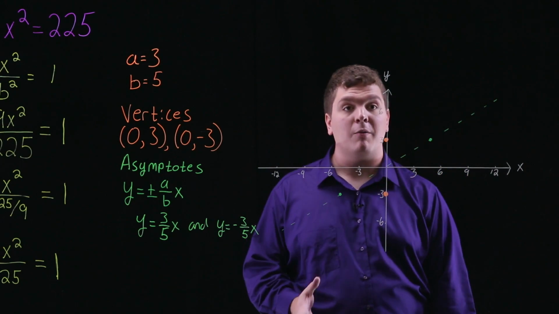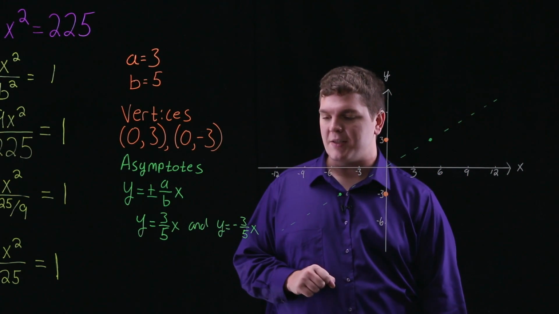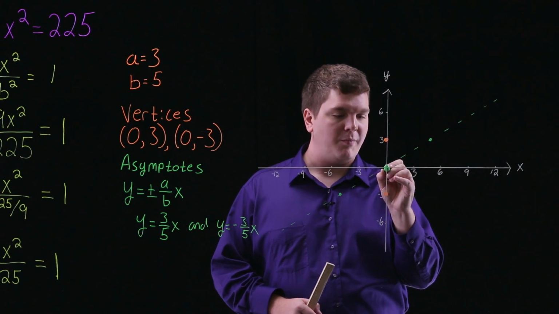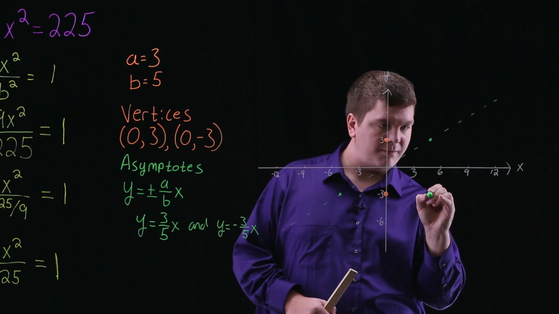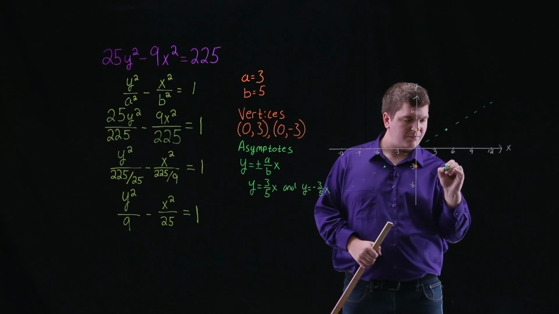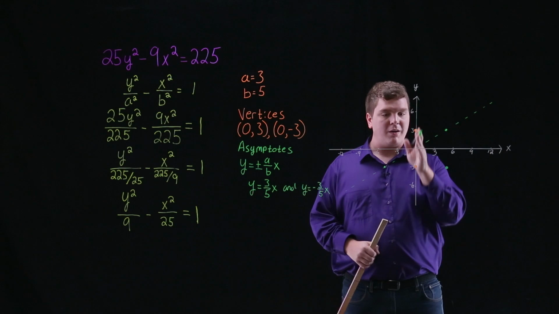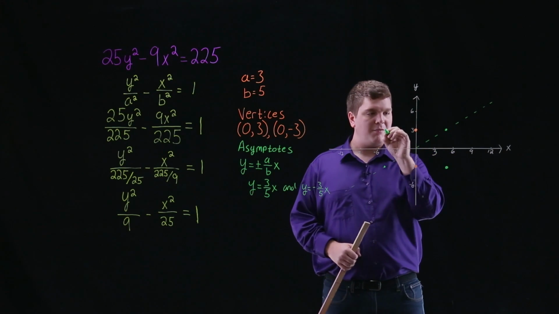Now we'll want to sketch the graph of our other asymptote, y is equal to negative 3/5 x. That's going to be coming down 3 over 5, and we can think about coming up 3 and to the left 5.